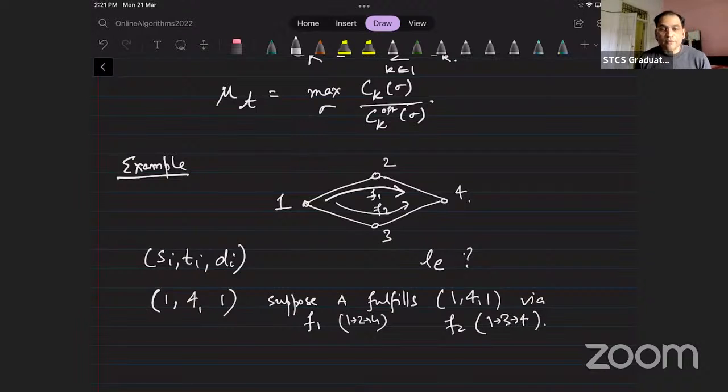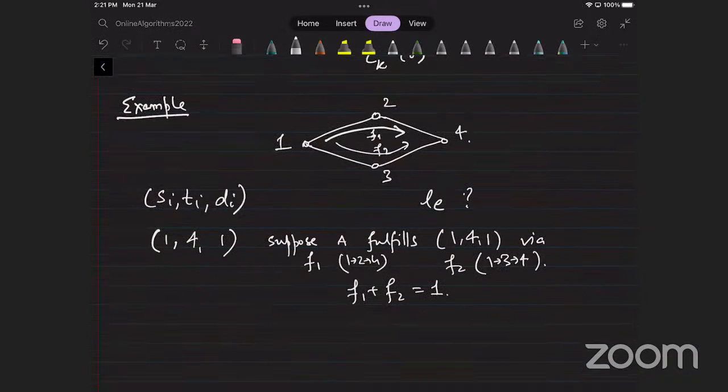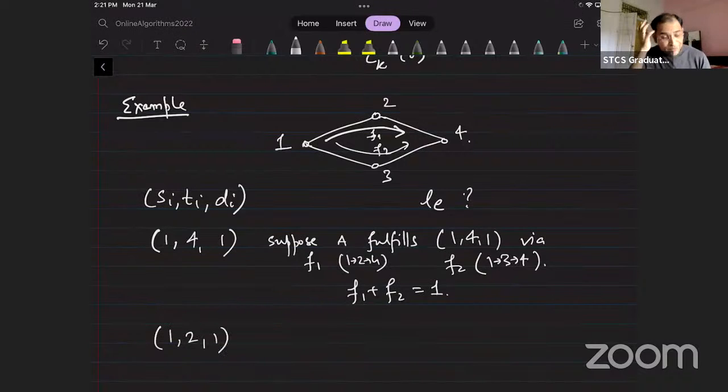Given this, what should be my next input? So that f1 plus f2 is equal to 1. If f1 is larger than f2, then I'll give the next input as (1, 2, 1).